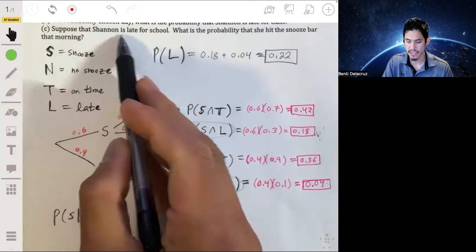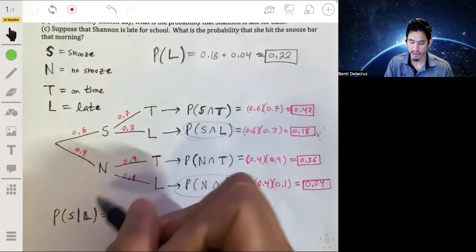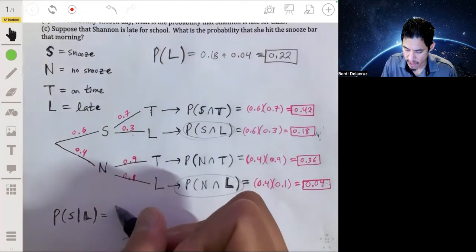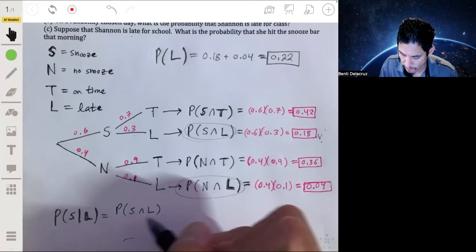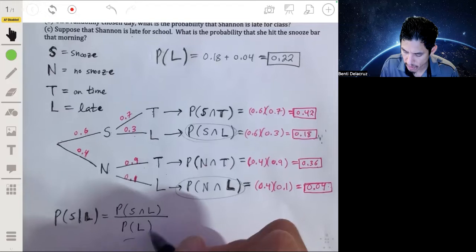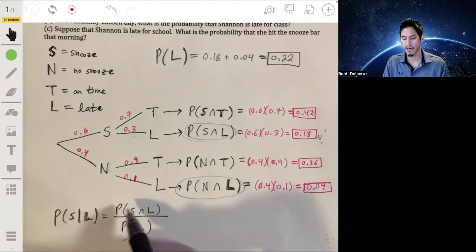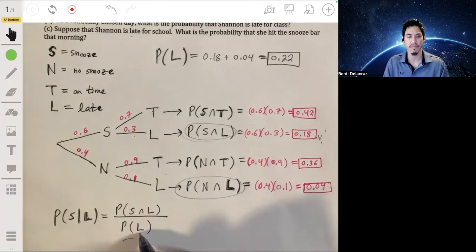Because remember, suppose that she's late for school. She's late for school, so that's our condition. The probability of S given L will be the probability of them both occurring, the probability of S and L, over the probability of L. And the probability of A given B is the probability of A and B over the probability of B.